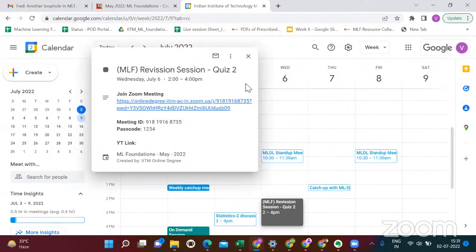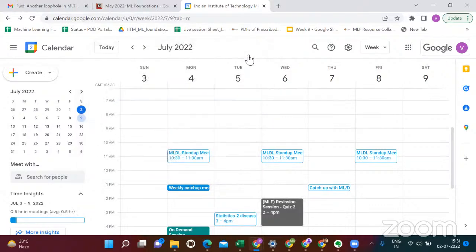For the MLF mock, it can be discussed in half an hour, right? So the mock can be discussed next week. Just attempt that mock, and then we can discuss it in the next meeting itself. Is this fine? Anything else from your side?